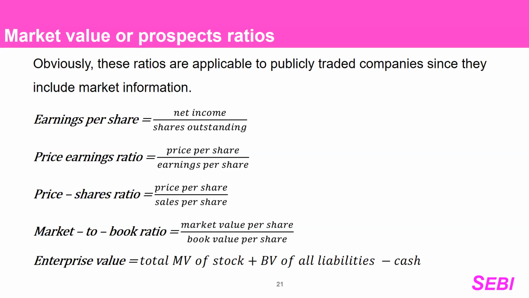Then there's the enterprise value. So this is total market value of, sorry for using these words interchangeably, but stocks and shares are the same thing. They're used interchangeably in here. So it's a total market value of stock plus the book value of all liabilities minus cash. So these give you a sense of the operating value of the company, right?